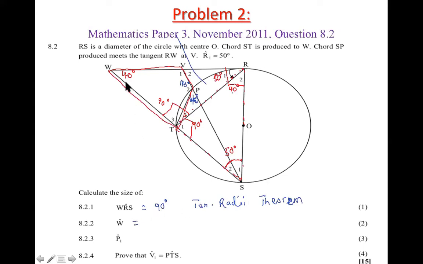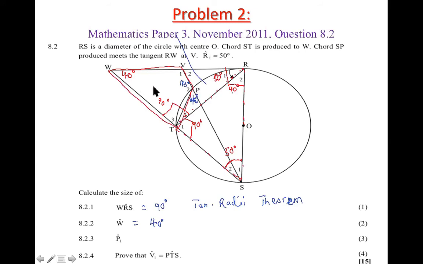Then it says we should find angle W. We've done that also. You see, guys, this is very important, that we need to understand how to do this. So that one is also 40 degrees. What was the reason associated with that? That is what you need to remember. Now this angle is angle P2, 140 degrees, and we added this one to 180.